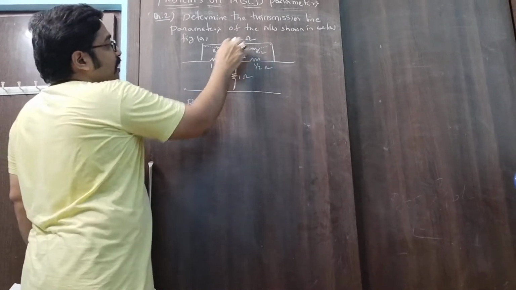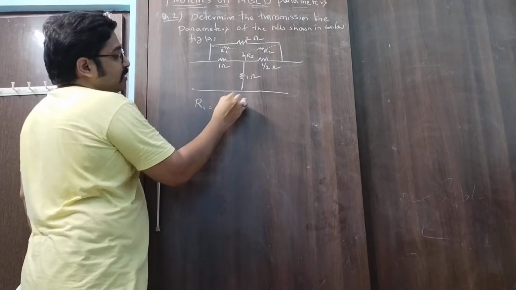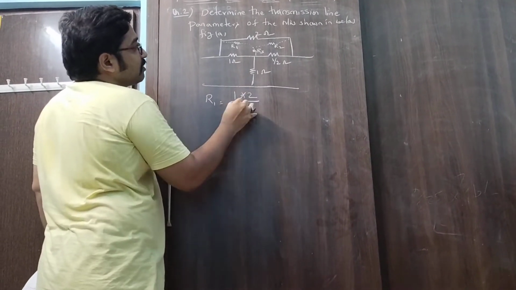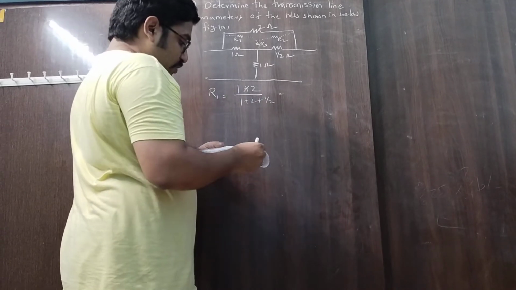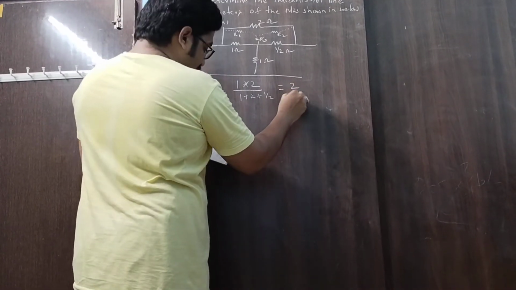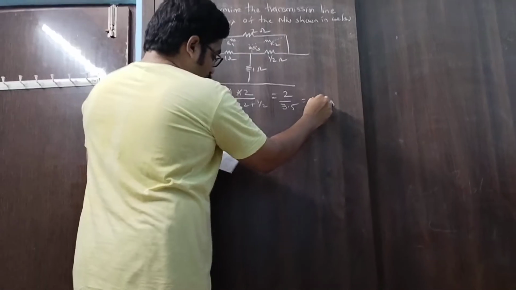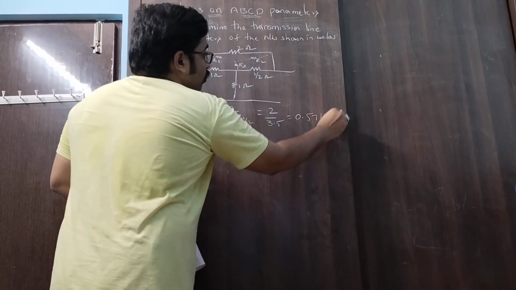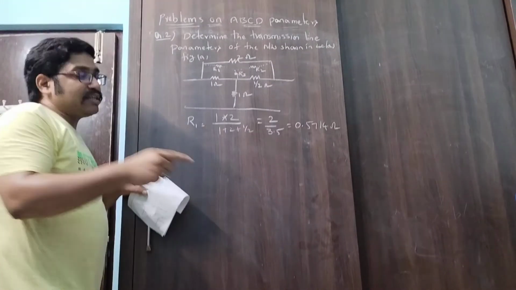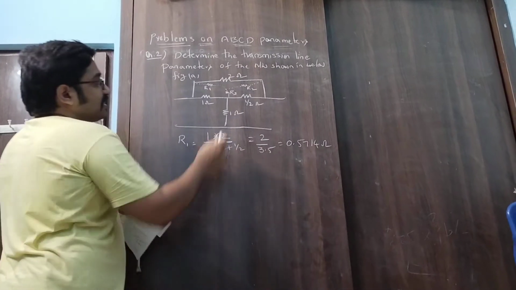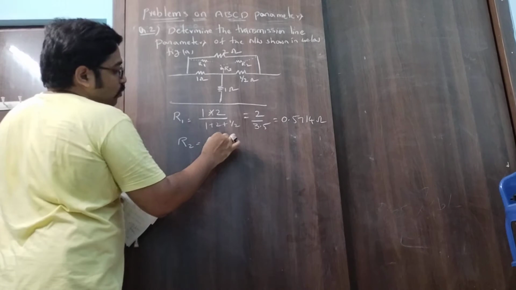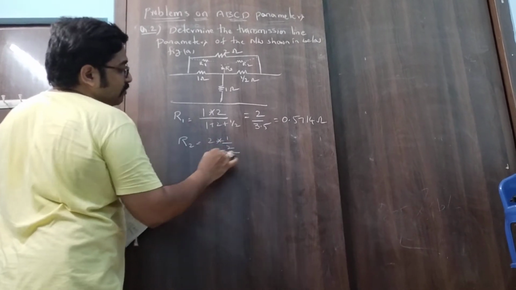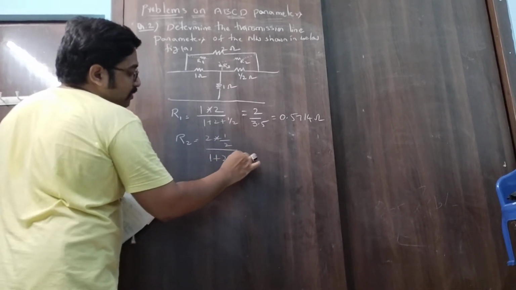R1 is equal to the product of the adjacent two branches, that is 1 into 2, divided by 1 plus 2 plus 1 by 2. If you do the simplification, you get 2 divided by 3.5, so 0.5714 ohms. Take the calculator and you will get this value. At the same time, R2 is equal to 2 into 1 by 2 divided by 1 plus 2 plus 1 by 2.